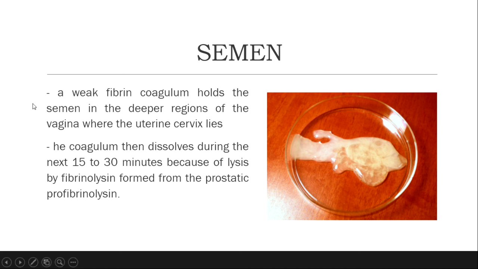So ang key point lang dito, kapag na-ejaculate na yung semen kasi, meron siyang tinatawag na fibrin coagulum. So yung ginagawa nitong fibrin natin, para siyang kino-condense niya or kino-compact niya yung mga different components ng semen, or parang in-hold niya yung sperm, or yun, kapag in-hold niya yung sperm, hindi na siya magiging motile.